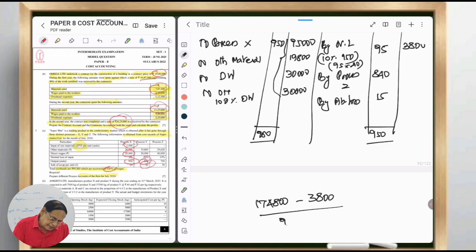Total input is 950. Out of that, 95 is the normal loss. So for this much of units there is this much cost, then how much should it be for 840?